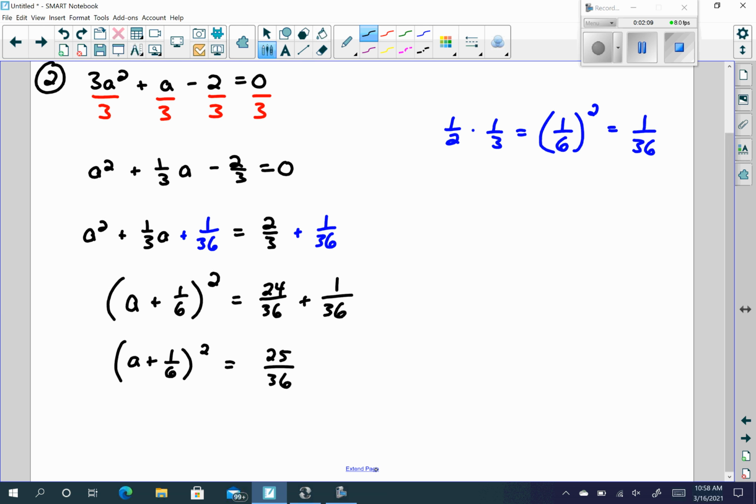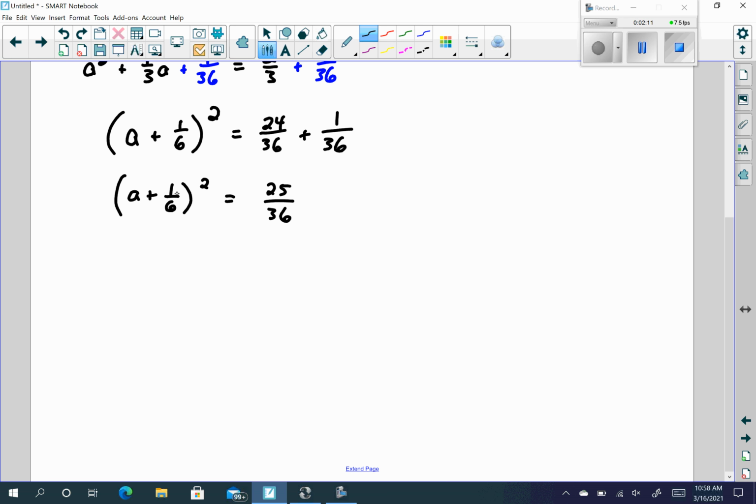Now I want to take the square root of both sides. So taking the square root of the left side just leaves me with a plus 1/6. And then I need the plus or minus, and then I'm going to take the square root of the numerator and denominator individually. Now what's nice about those two numbers is they're both perfect squares. So now I get a plus 1/6 is going to equal plus or minus 5/6. Now I'll subtract 1/6 from both sides. So negative 1/6 plus or minus 5/6.